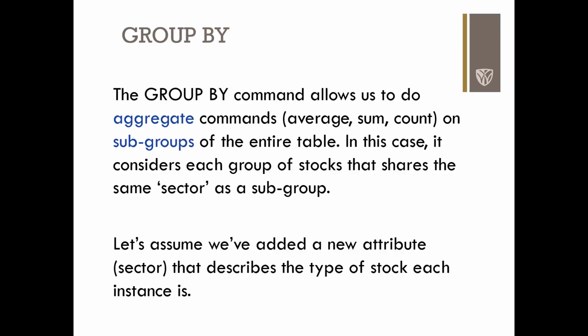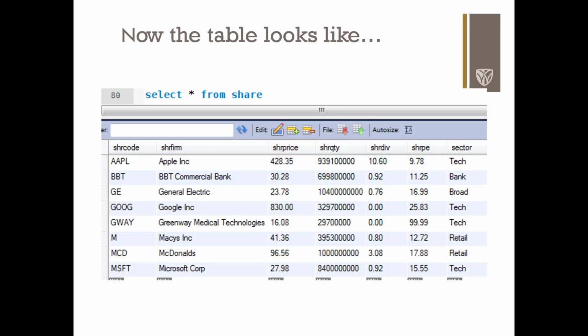So let's assume that we've added a sector attribute to this type of stock. For each company, we're going to put them in a specific sector. For example, Apple is now in the tech sector, BB&T Commercial Bank is in the bank sector, and so on.